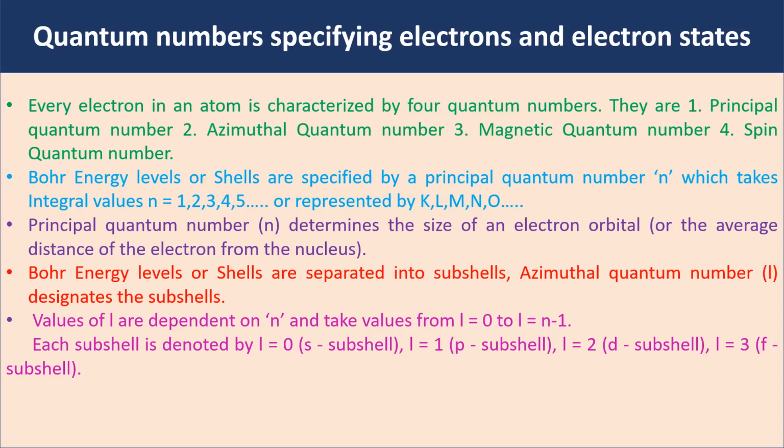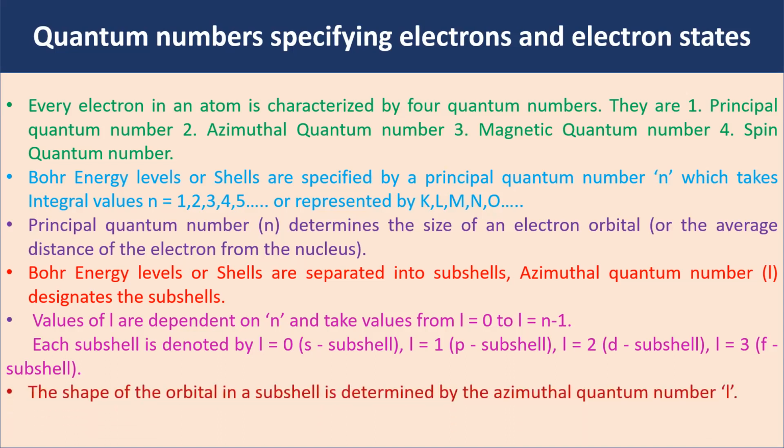And for n equal to 3, we have 0, 1, and 2. So in the n equal to 3 shell, we have three subshells, that is s subshell, p subshell, and d subshell. And for n equal to 4, there will be four subshells, that is 0 to 3, that is s, p, d, as well as f subshell.